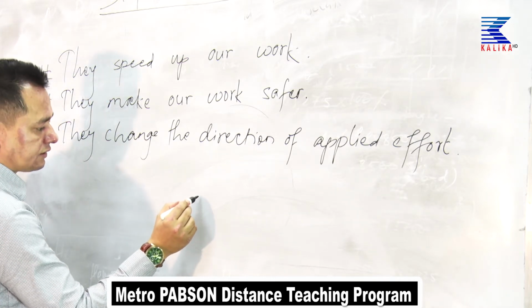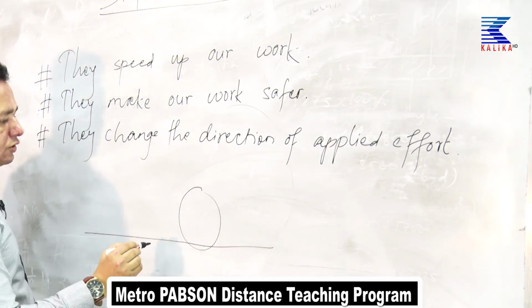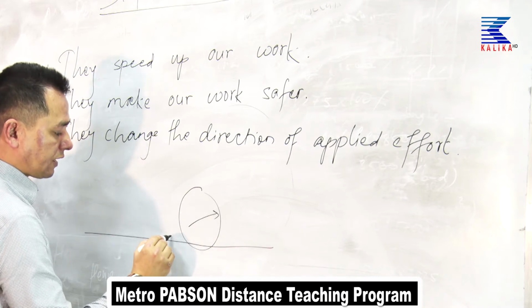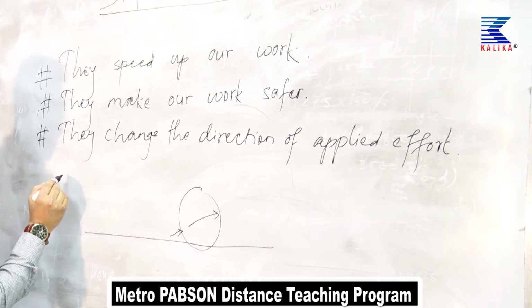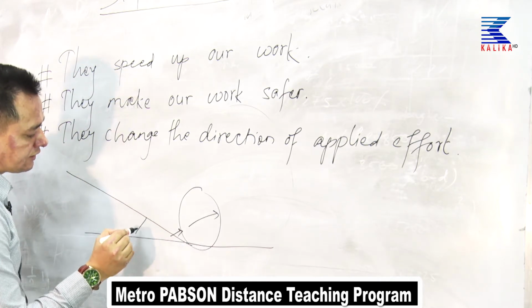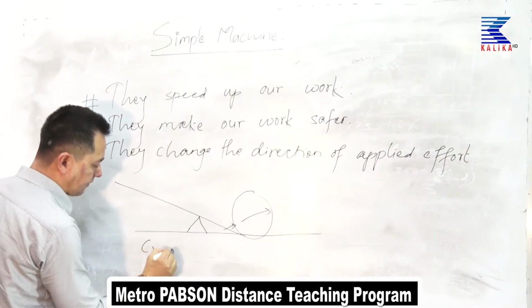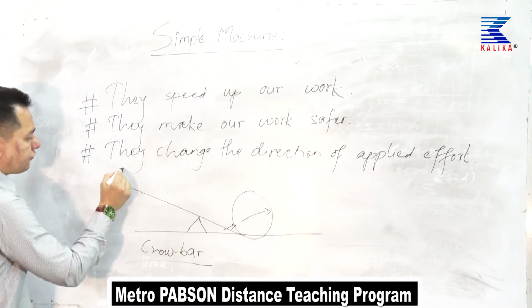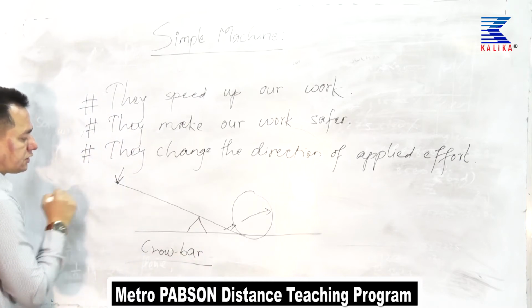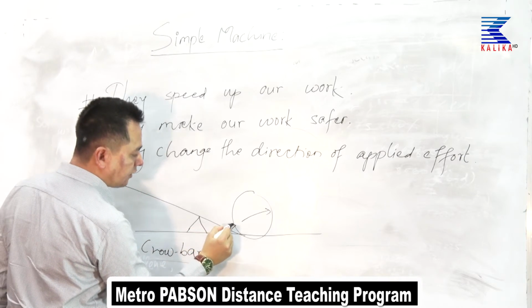So, I want to repeat the same example. To turn this stone, definitely we would have to use force in this direction if we are applying force with our bare hands. But using this crowbar, we apply force in this direction. See the direction of the force applied here. It's downward here, but its effect is in the upward direction.